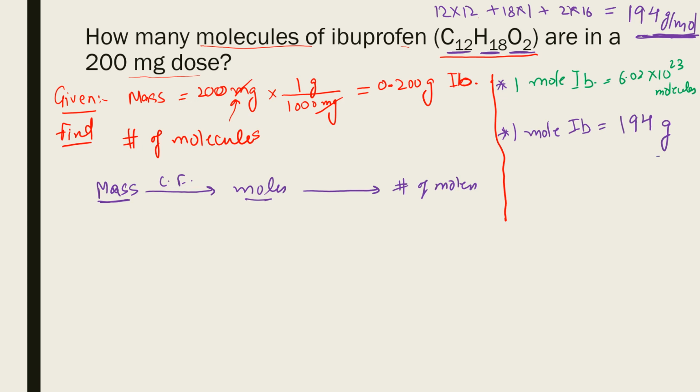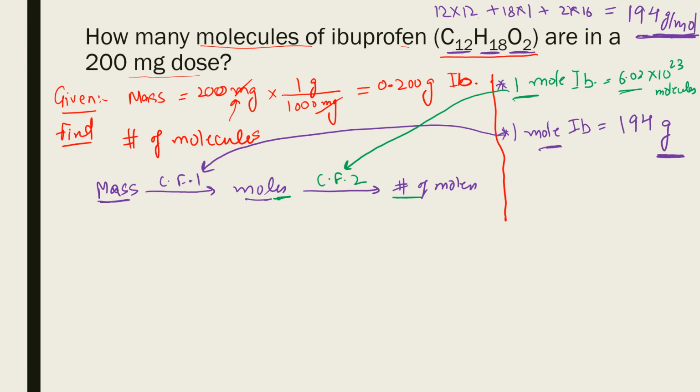So this is the mass and that's the moles. So that's conversion factor number 1. This equation will give this conversion factor, and the next conversion factor is between moles and number. So therefore this equation will give us conversion factor number 2 here.